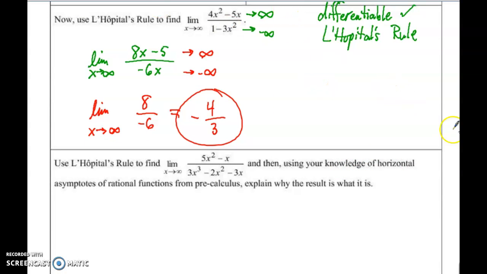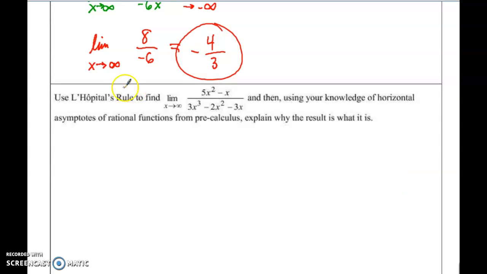So as we get into more difficult problems, as we look at this one, we could still do L'Hopital's rule, but I do want to point out that if the degree is bigger on the bottom, the answer should be y equals 0. And it still applies because if we did L'Hopital's rule, again, I'm just going to write infinity over infinity.